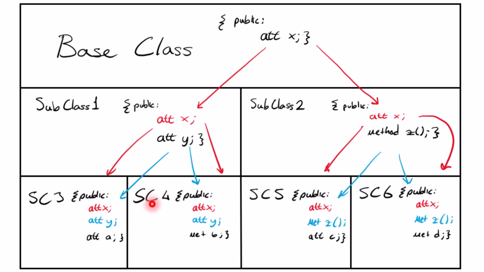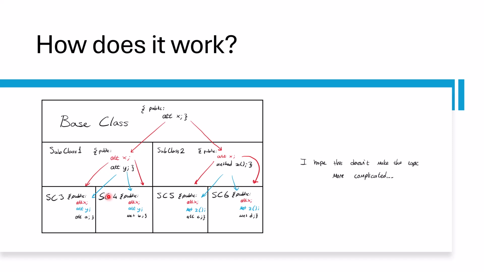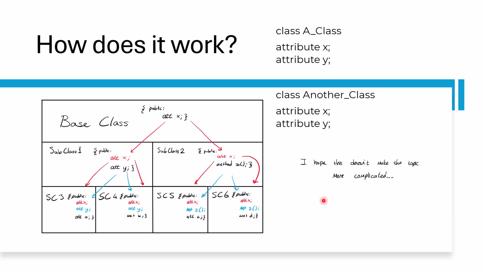And of course, going for something like this is going to make your code much more organized than, let's say, defining a class, defining a couple of attributes, and then defining another class, defining same attributes on top of a couple of new added ones. You could have just inherited that from the first class. You didn't have to repeat yourself.